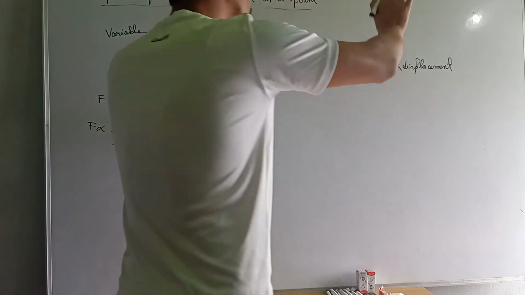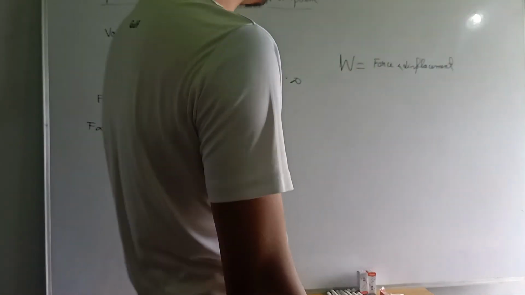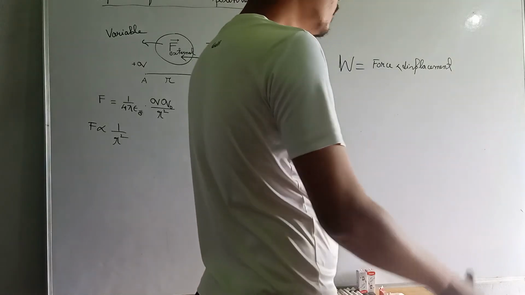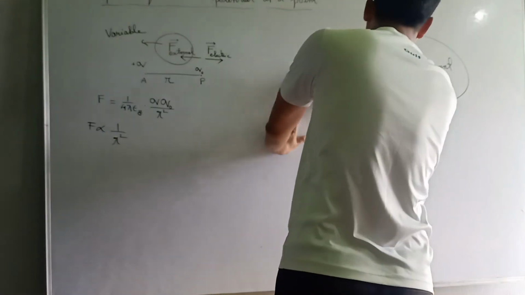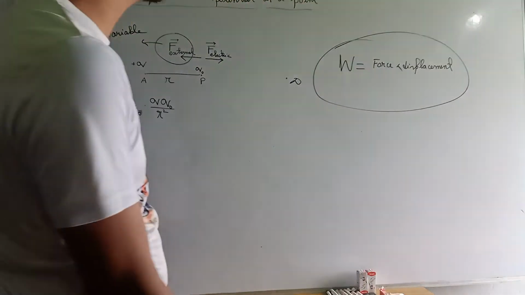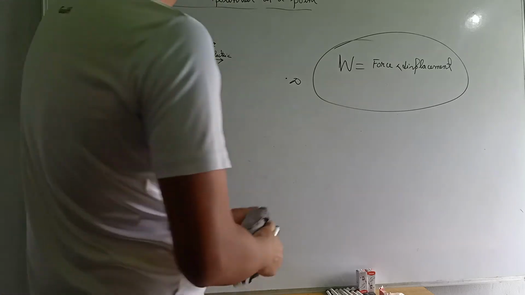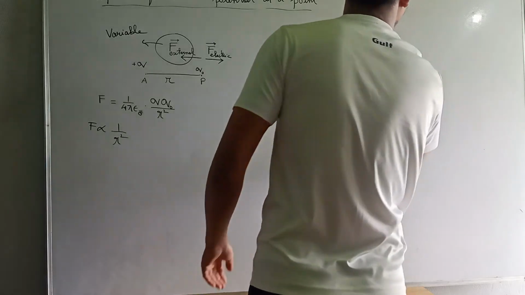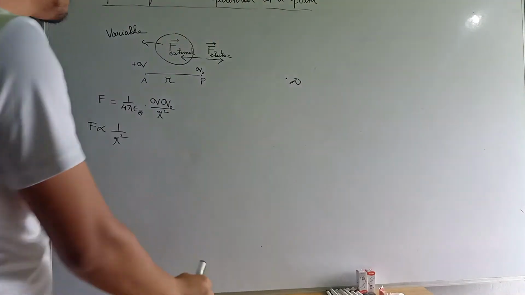In class 9, you always study that work done means force into displacement. But this is applicable only in one condition, if the force is constant. If the force is variable, then you cannot use this relation. In that case, what are you going to do?